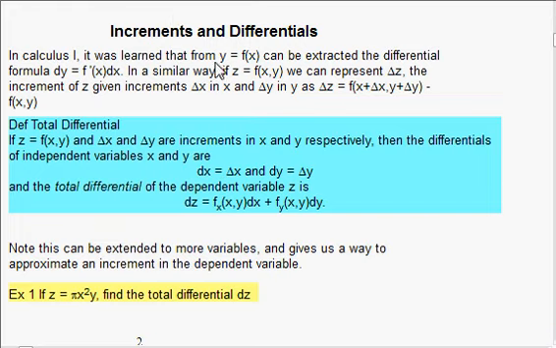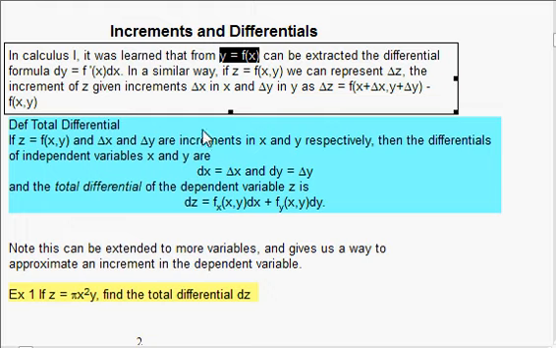From y equals f of x, you can extract the differential formula dy equals f prime of x dx. Maybe another way of saying that would be dy/dx equals f prime of x.